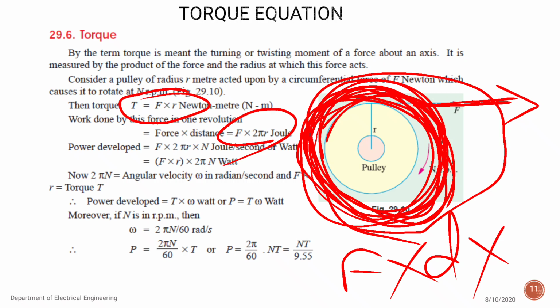Now we have to calculate the power developed. So how will we calculate that power? Power will be equal to the work done into the speed.